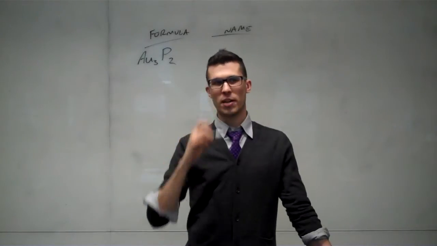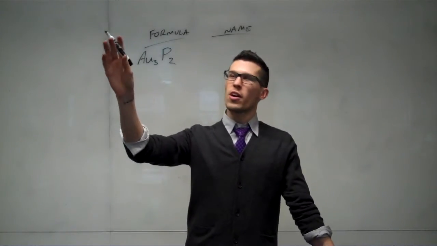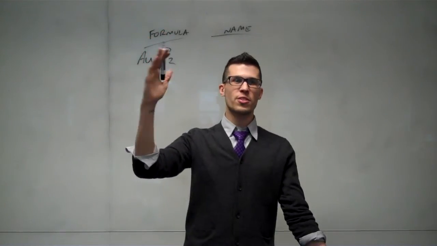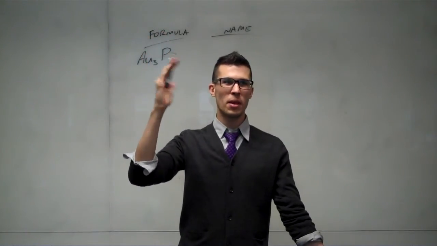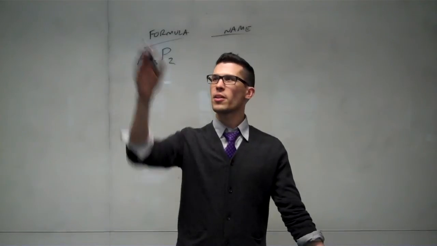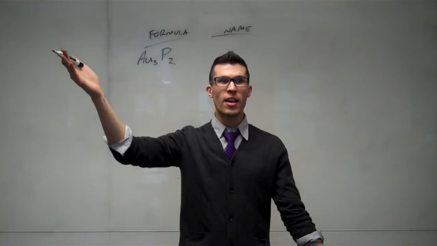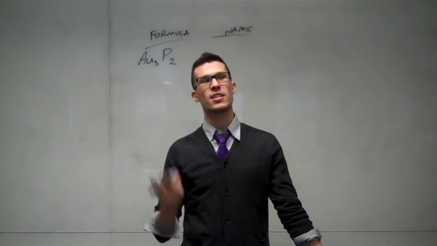That's the staircase that I talk about all the time. Right above or right below it, there are some that we call semi-metals. But you should think of anything to the right of the staircase as a non-metal. Anything below the staircase is going to be a metal.